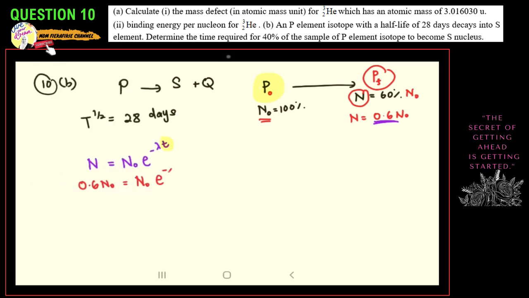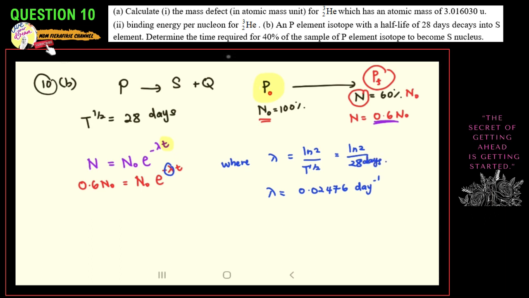And negative lambda t. So sekarang kita ada problem di mana we need to find first what is the decay constant, where lambda is equal to ln 2 over half-life. ln 2 over 28 days. So lambda is equal to 0.02476 per day, sebab dalam days kan tadi ni kita pakai.